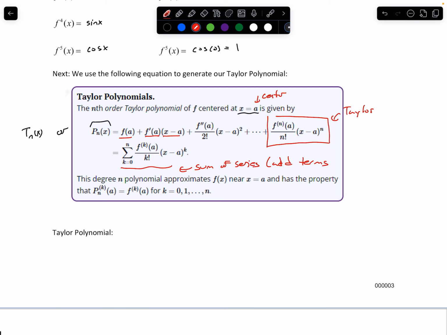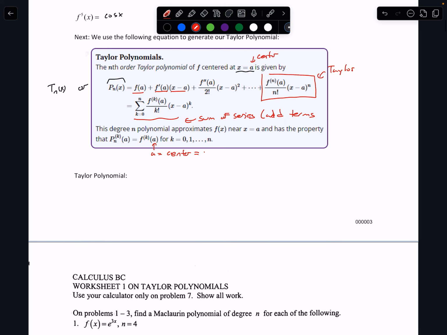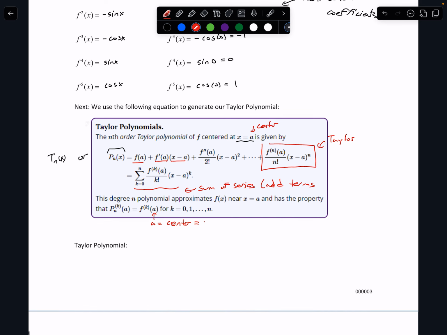Now, the degree n of a polynomial, and here's how we can generate this. What all this says is just that a is the center, and in this case, our center is 0. So to draw your Taylor polynomial, for us, when we look at this f^(n)(x), be very careful.